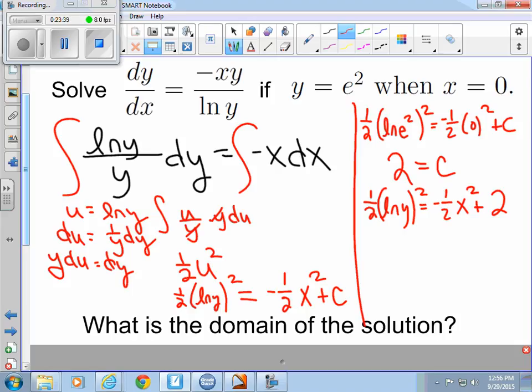First, I need to multiply everything by 2. So far, so good. Square root both sides. What do you do when you square root?